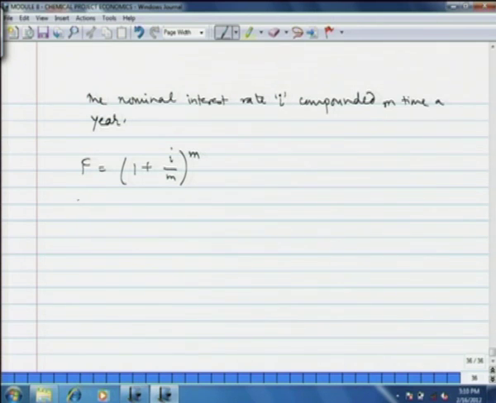Now, the amount given by compounding at the effective interest rate at the end of 1 year, just single compounding, will be the same.